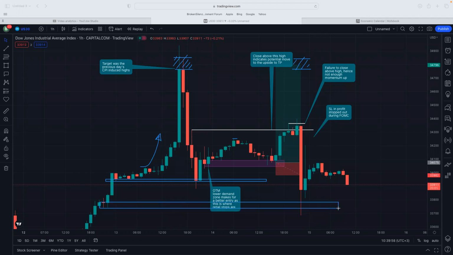But since we did not get the close below and we started pushing up, we formed the first demand with an engulfing. Then the second sort of demand happened at this point, and then we pushed all the way up, closing below these highs.